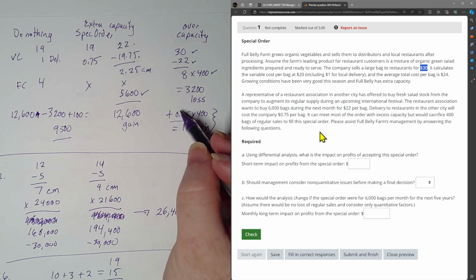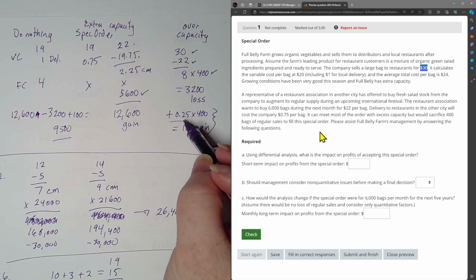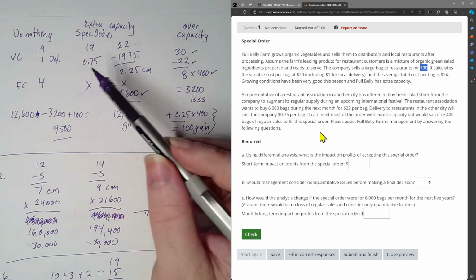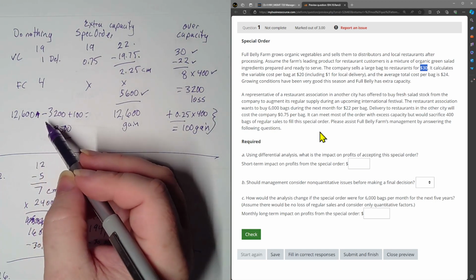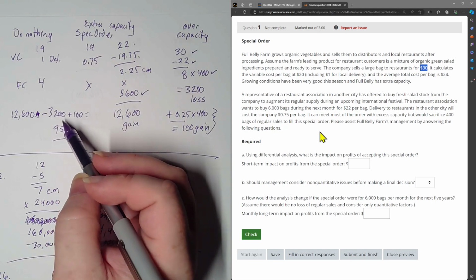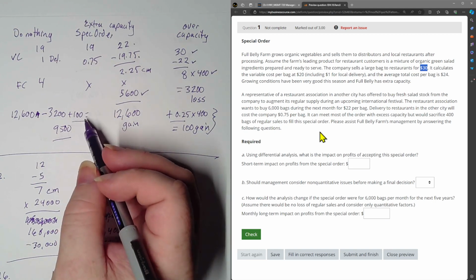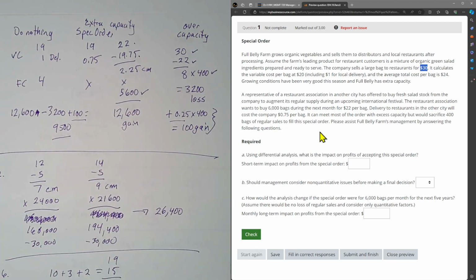So even though we're getting $8 less by selling at $22, we're also getting a little bit less cost involved. So we're saving 25 cents on those 400 bags because the delivery is 75 cents versus $1. So there's a $100 gain. So $12,600 is the gain for the extra capacity, minus the $3,200 loss from the overcapacity, plus $100 because of the difference in delivery costs. So that should come out to $9,500.